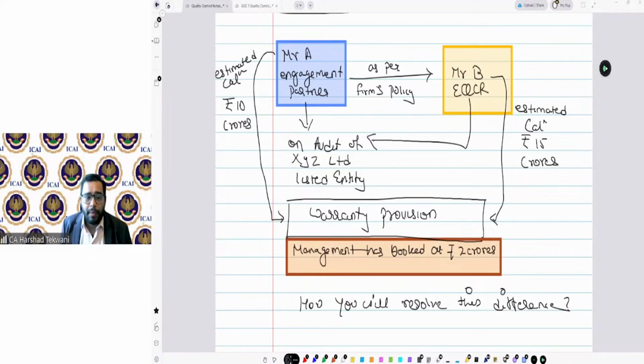What will you do when there is a difference? Tell me the requirement of SA 220 when there's a difference of opinion and the requirement of SQC 1. Very important. It could be a question, like, let's say, a 4 mark or 5 mark question in the exam.